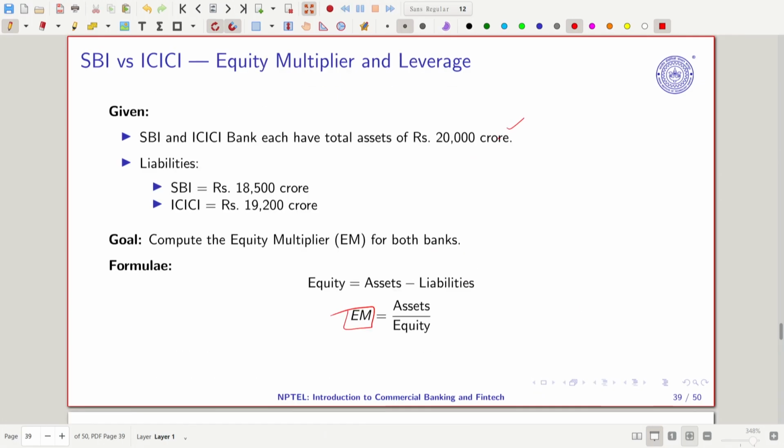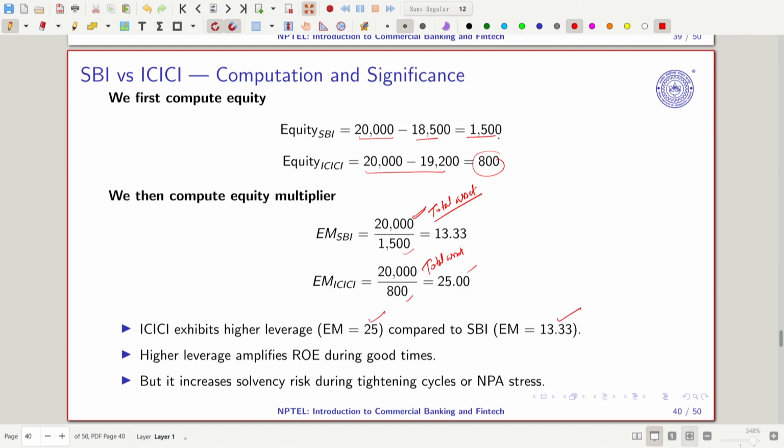So shareholders' equity, we calculated as asset minus liabilities, right? And we found that because it is more sensitive to the numerator, the ICICI Bank looks much riskier because it is banking more on the asset side, and this is where it is very important to look.